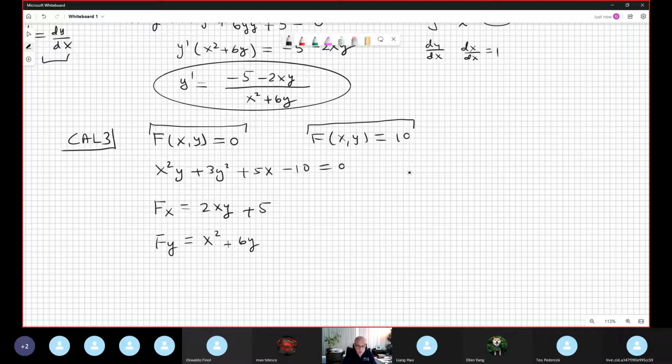Okay, dy/dx is minus fx divided by fy. Okay, look. This expression is exactly the same as this expression, but with the opposite sign.